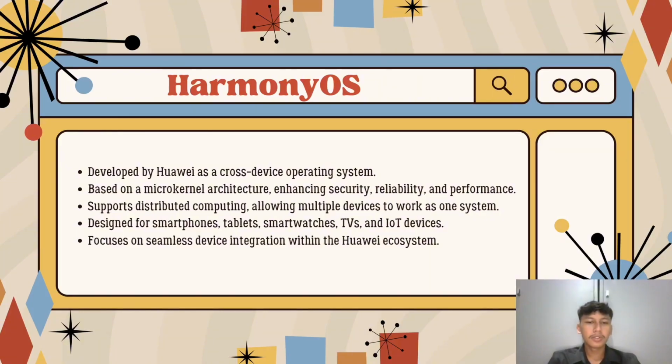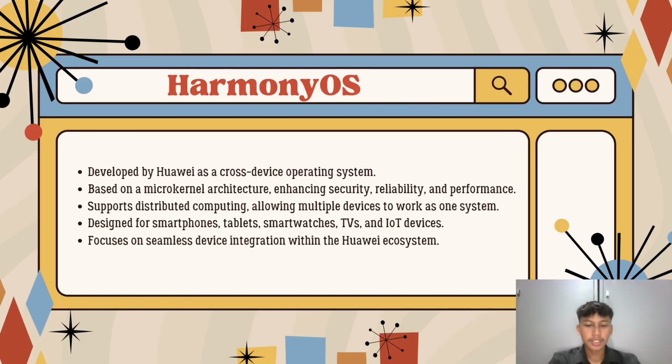Next, HarmonyOS is based on a microkernel architecture, enhancing security, reliability, and also performance. One of its key architectural features is the microkernel design. In a microkernel design system, essential system functions such as memory management and hardware communication are separated from other components.